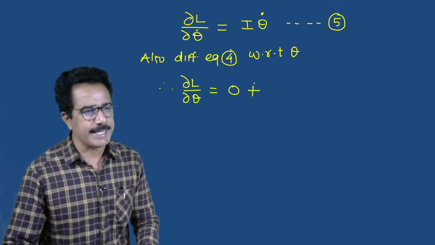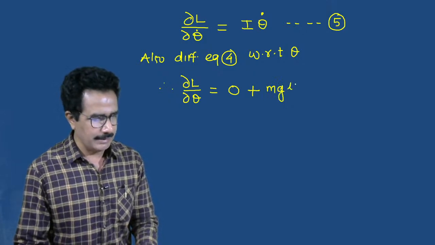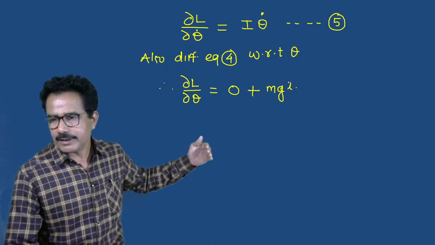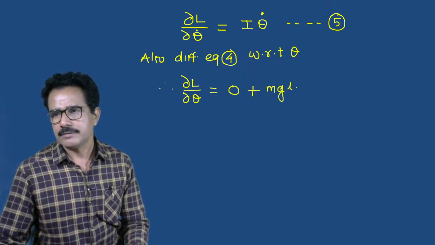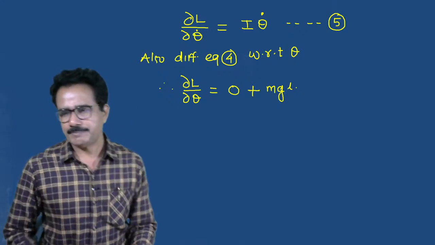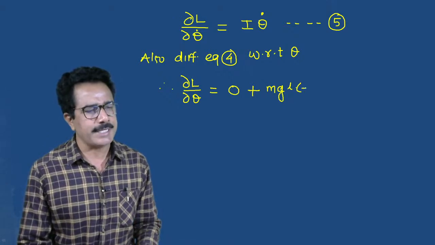So keep it as it is, mgl. Now see this, the derivative of cos theta is, one minute students, one minute, sorry. The derivative of cos theta is minus sin theta.